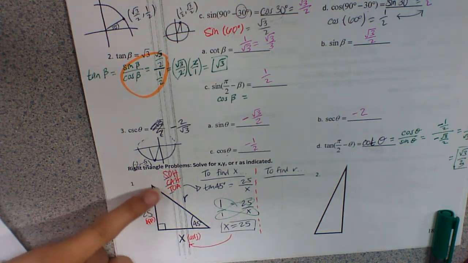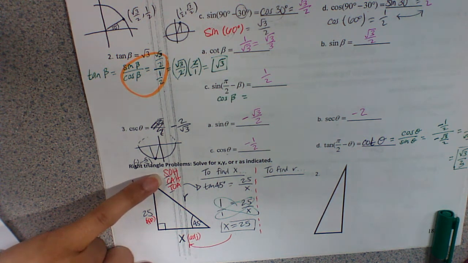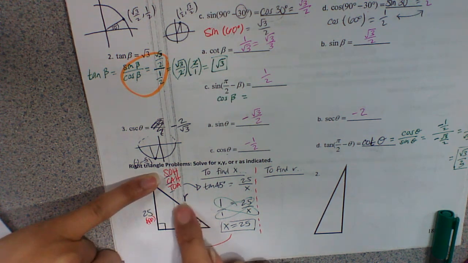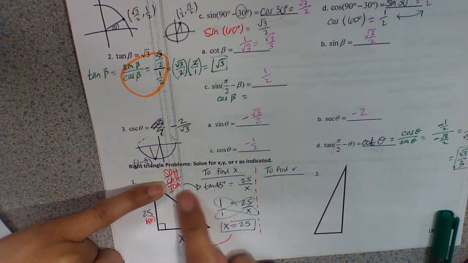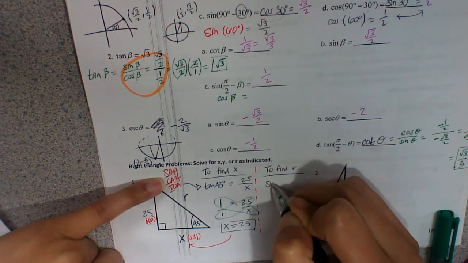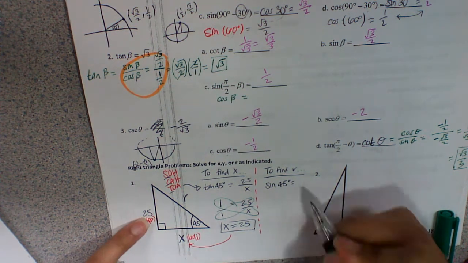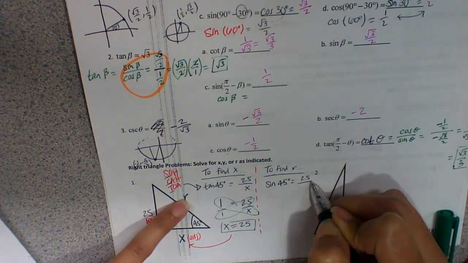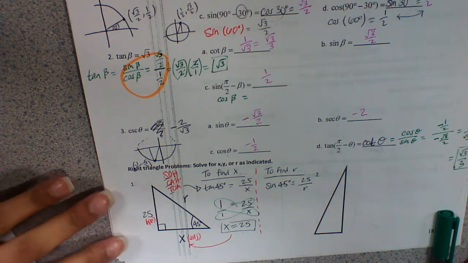So which one of these can you use? Yeah, you can either use sine, because sine incorporates opposite and hypotenuse, or you can use cosine, which is adjacent over hypotenuse. You choose. I'm going to choose to use sine of 45 degrees, because sine of 45 degrees will be opposite over hypotenuse, which is r. Now my only unknown is r, and that's exactly what I need.